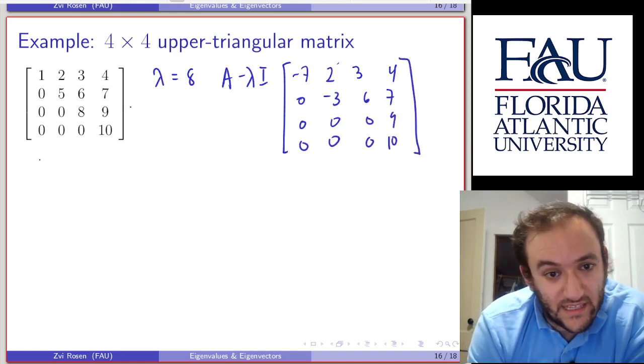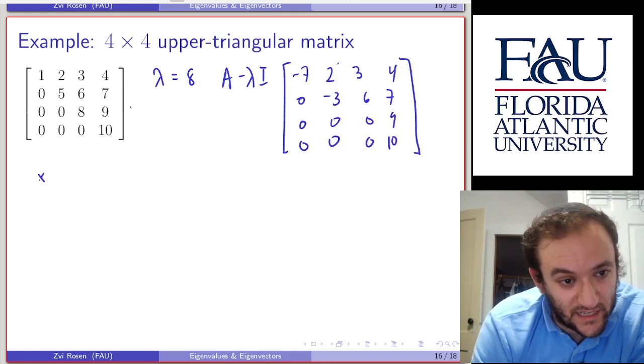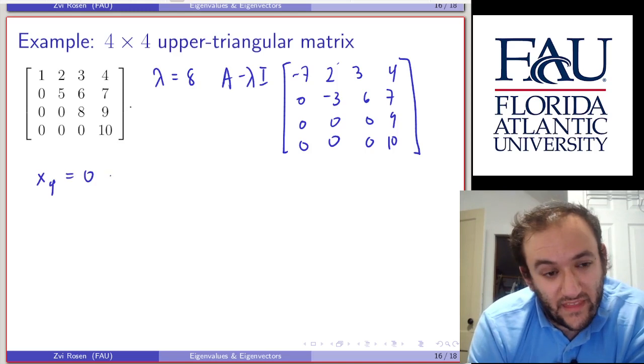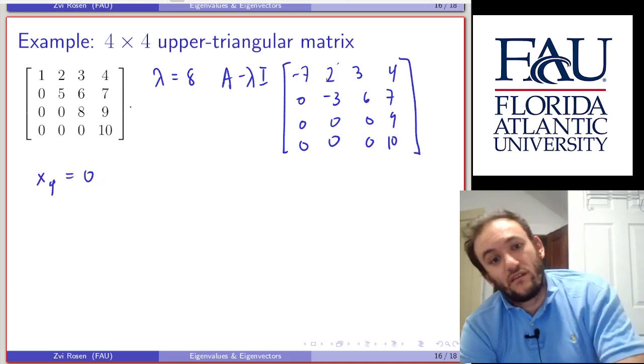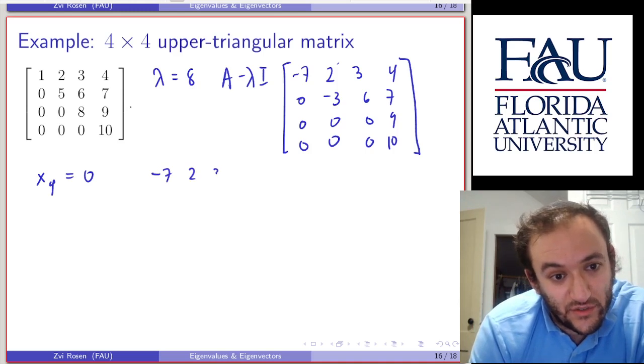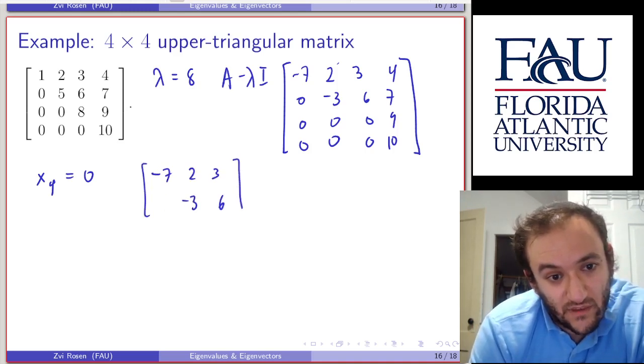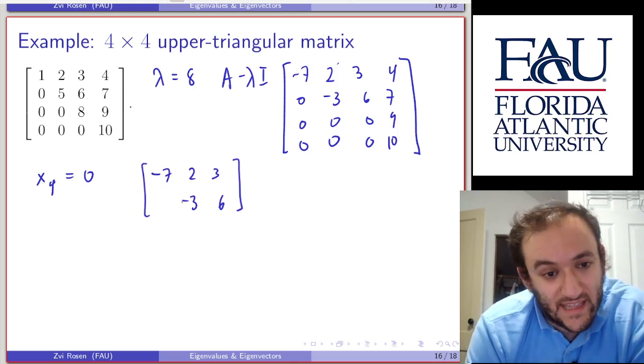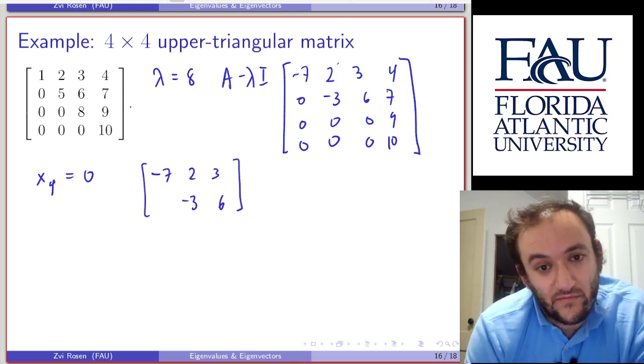Okay, so the last two equations tell us x4 equals 0. And then from the previous rows, we have minus 7, 2, 3, and minus 3, 6. I'm going to ignore x4 because that's already been established as 0.